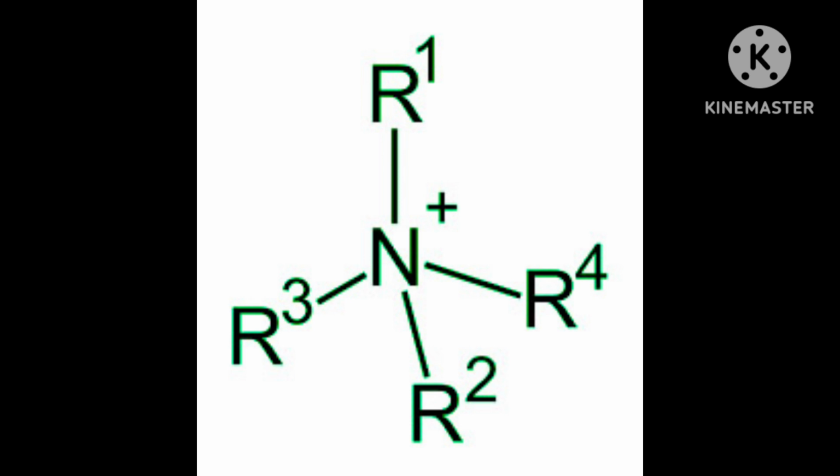If all are alkyl groups, it is called simple, or if all groups are aryl, it is also called simple. When it is mixed, meaning alkyl and aryl both are present, when the groups are different, it is called a mixed amine. If all groups are the same, it is called simple, correct? And it is called mixed when they are different.